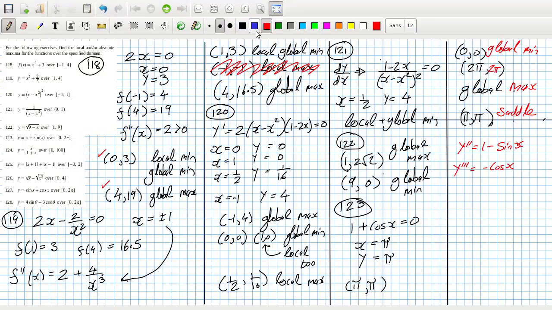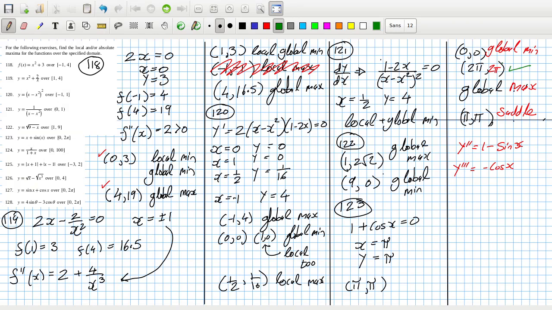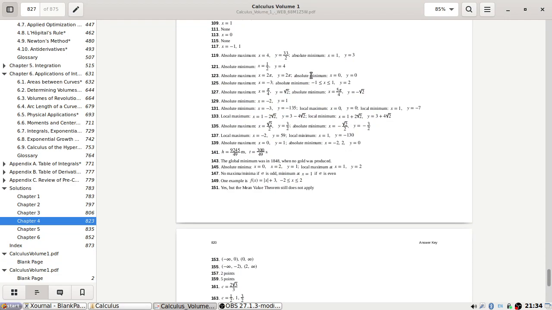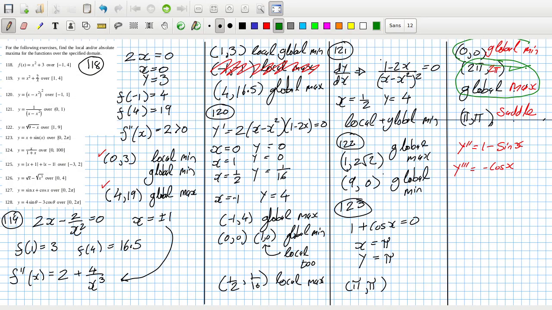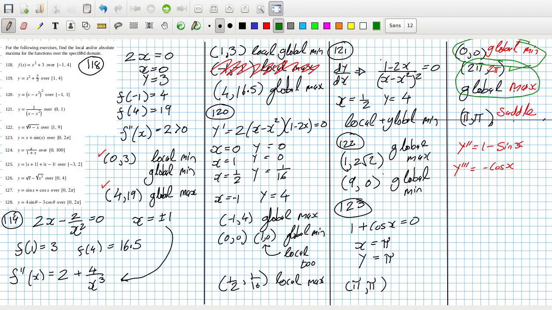Okay, let's see now. Right, 123. 2 pi, 2 pi absolute max. Yes, I got that right after my screw up with the subbing in the value. Minimum 0, 0. And then that's it. So they don't want saddle points. They only want maxima.